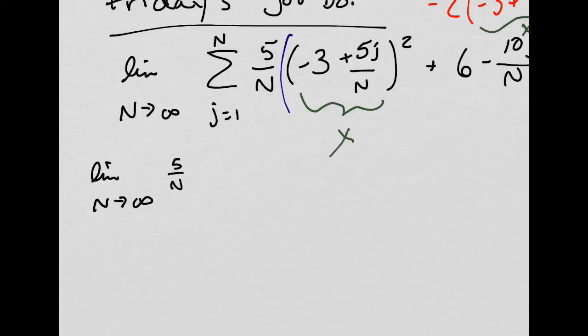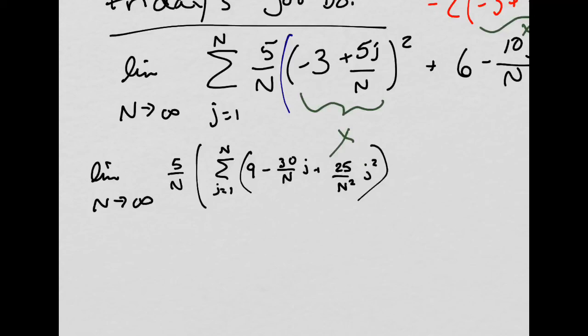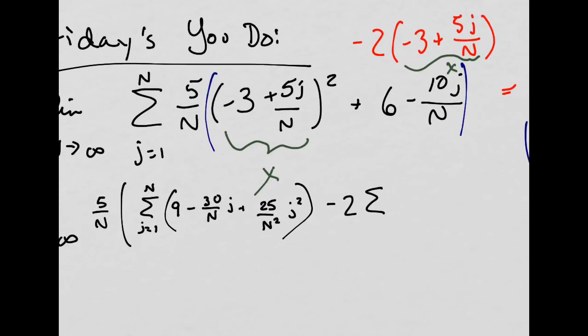So we're going to have the sum from j equals 1 to n of 9 minus 30 over n j plus 25 over n squared j squared. So that is just this squared out, plus, or actually minus, and then 2, and then you have this minus the sum of negative 3 plus 5j over n from j equals 1 to n.